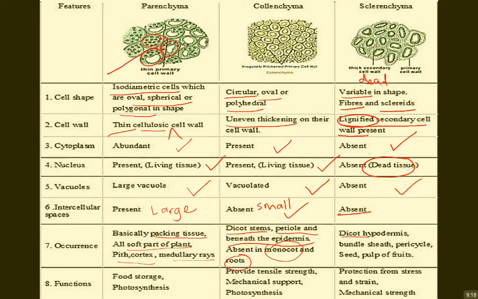For sclerenchyma, dicot hypodermis, bundle sheath, pericycle, seed, and some fruit. So function for parenchyma, food storage, photosynthesis. For collenchyma, support for the plant. They can also undergo photosynthesis because they are still living cells. Sclerenchyma, mechanical strength for the plant.